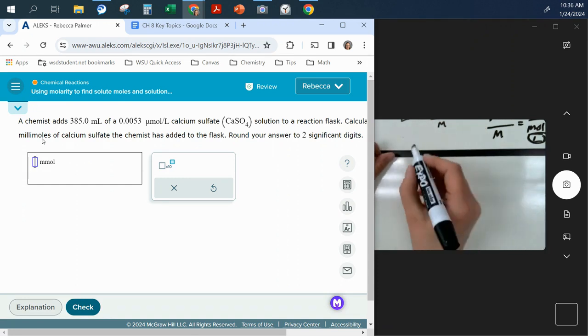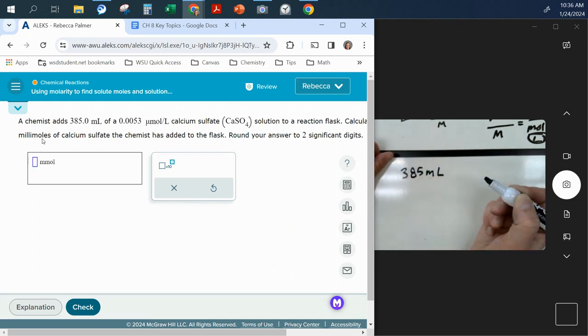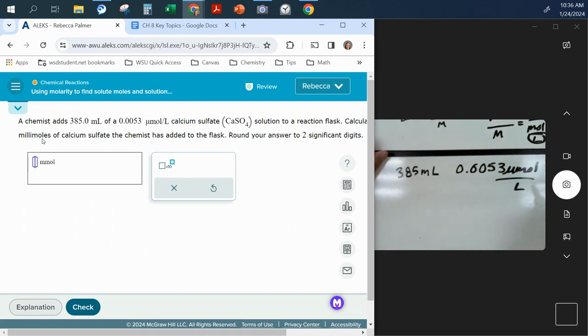We'll figure it out. Okay, this one we're looking at 385 milliliters. And we have this concentration. And we're looking for millimoles.